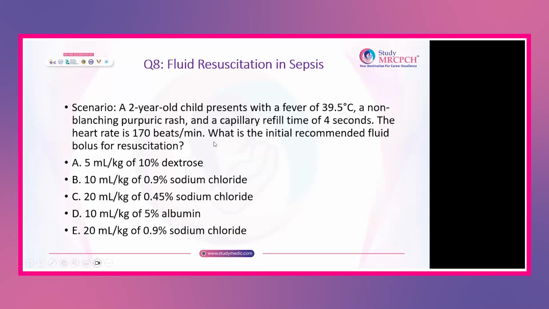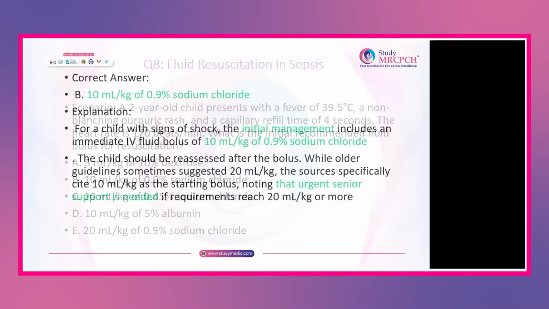Usually, we will narrow our options to either 10 ml of sodium chloride or 20 ml of sodium chloride. But if we give 20 in this child, shall we know the condition of his heart to give him a high volume or not? Let's see the answer.